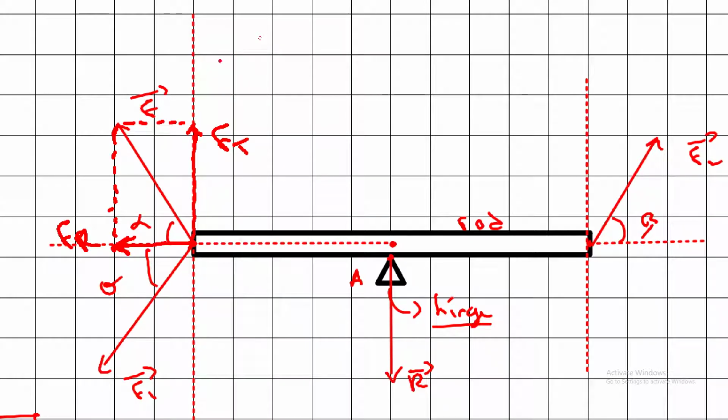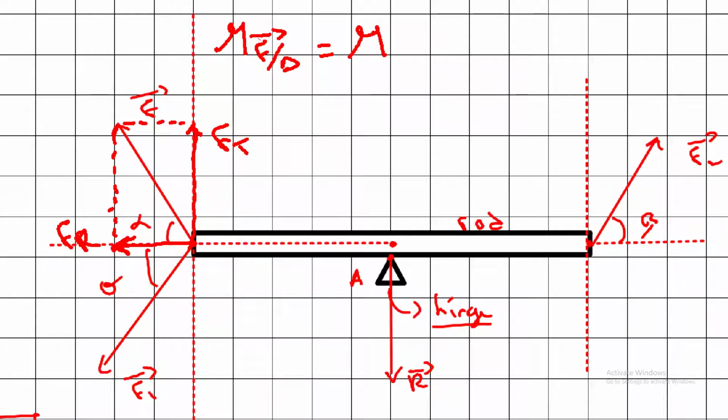Now if you want to be very clear, the moment of the force F around the axis delta is due to two forces.